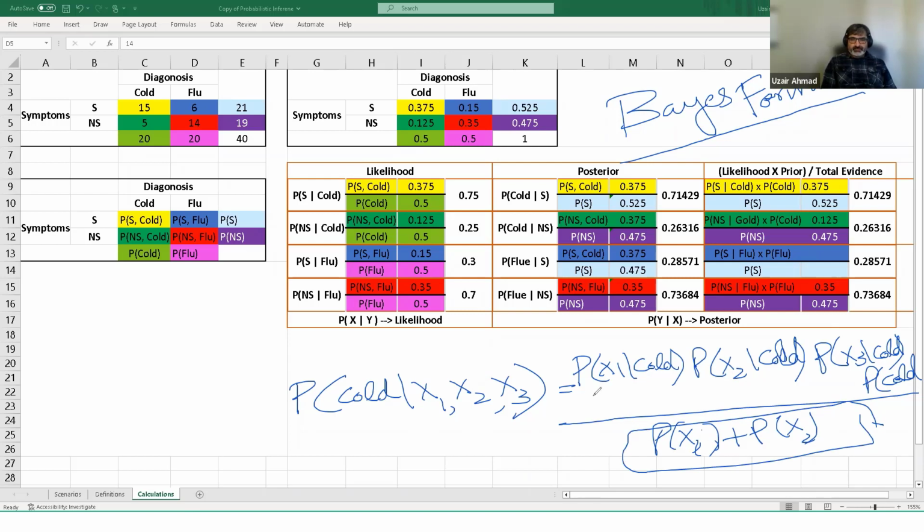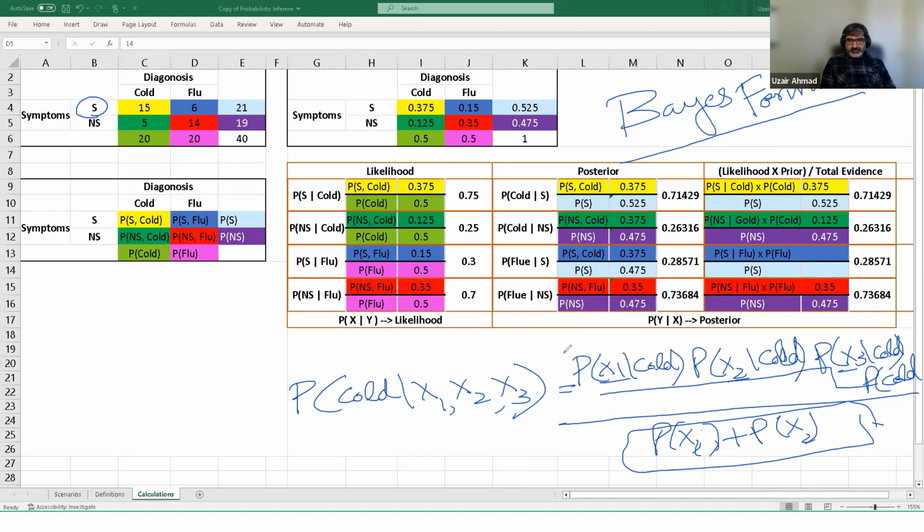But here is the catch. Sometimes these inputs are correlated. For example, if somebody is sneezing, maybe it is more likely the person also has a temperature, and maybe it is more likely that the person has some other symptom that we are measuring. But if we look at those correlations, then we cannot apply this formula. We need to apply the chain rule of probability.